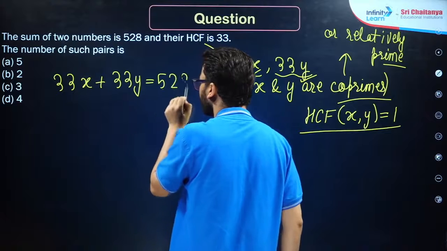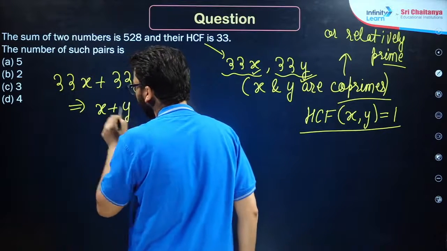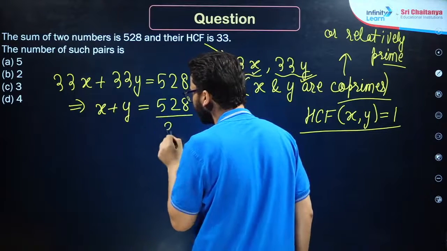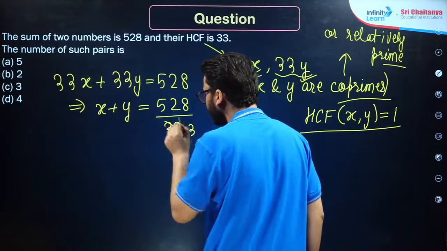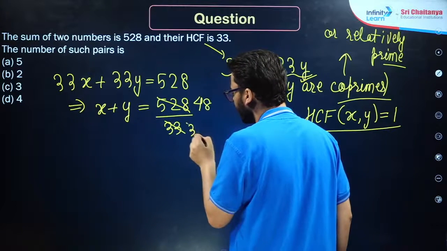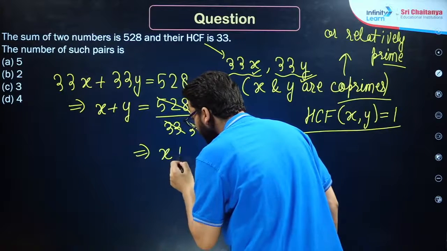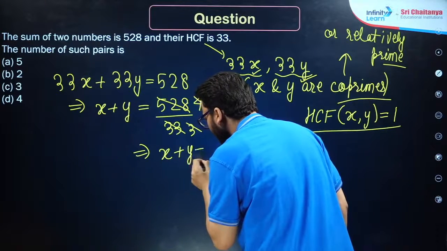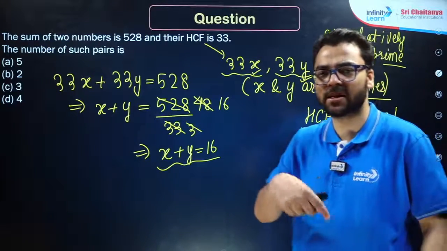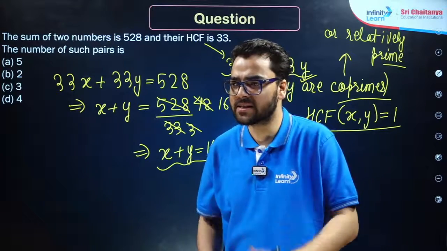From here you can find x plus y. If you take 33 as common, you get 528 upon 33. So 11 3s are 33, 11 4s are 44, 11 8s are 88. Therefore x plus y is equal to 16. So you want two such co-prime numbers whose sum is 16. You got that? Oh, that's good, Nihal. I guess it is correct, RN.